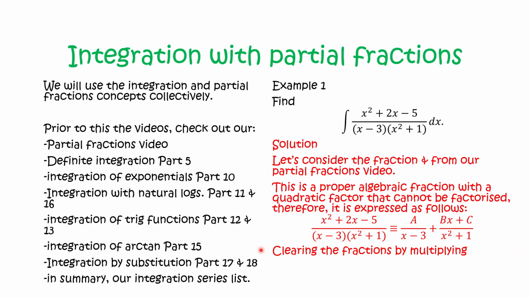We move on to clear the fractions according to our method in the video by multiplying both sides by x minus 3 times x squared plus 1 in order to get x squared plus 2x minus 5 is equivalent to a times x squared plus 1 plus bx plus c times x minus 3. We label this equation star for ease of reference.